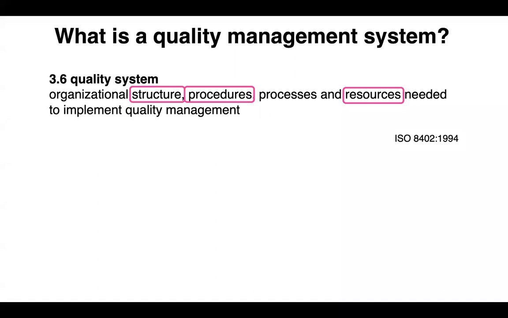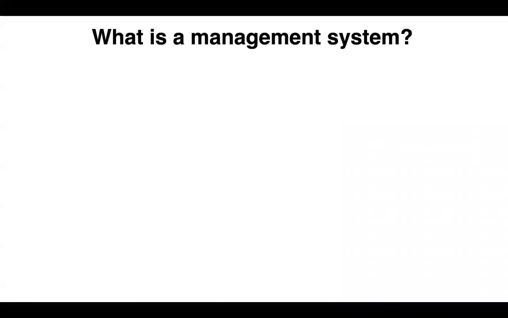Now let's go to the definition of management system. When I started working with integrated systems, I removed the words quality and environment in order to focus my attention on what was common to both ISO 9001 and ISO 14001. And what was left was management system.